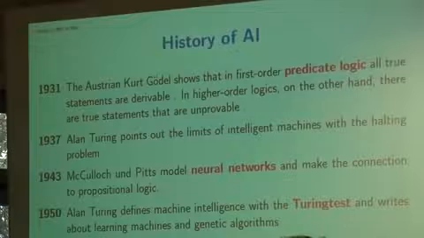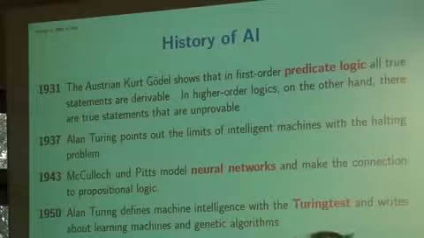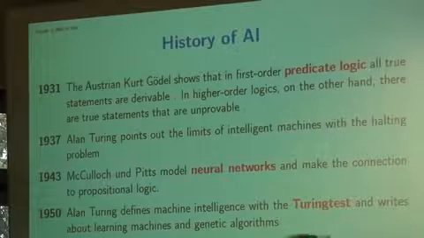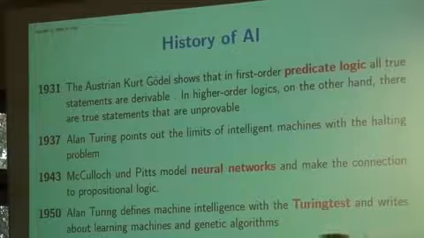That means if there is a proposition which is true, then this first-order logic formal calculus is able to prove this is true. So all true statements can be proven.